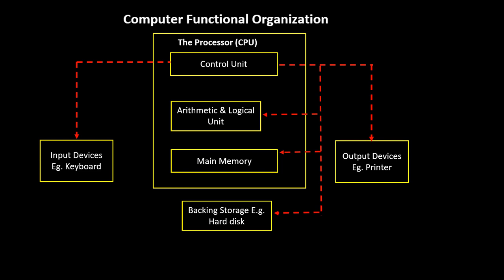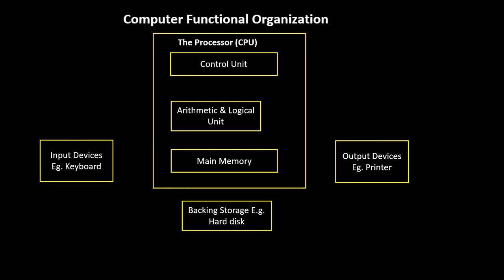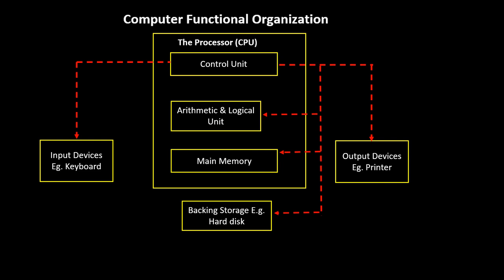Why is it that the control unit is showing lines which are coming from the central control unit, going and touching the output, coming and touching the arithmetic unit, touching main memory, and touching backing storage? Even here, it comes and touches everywhere, the control unit.